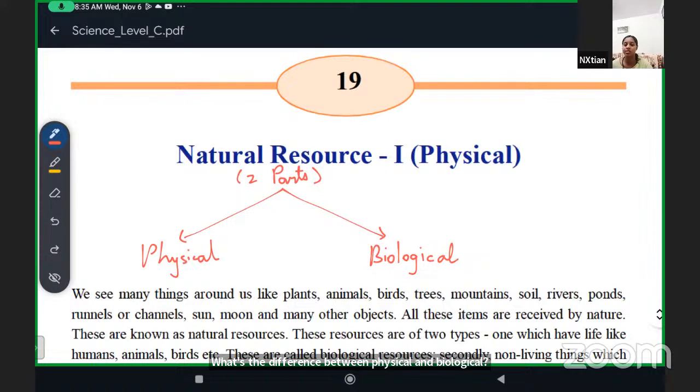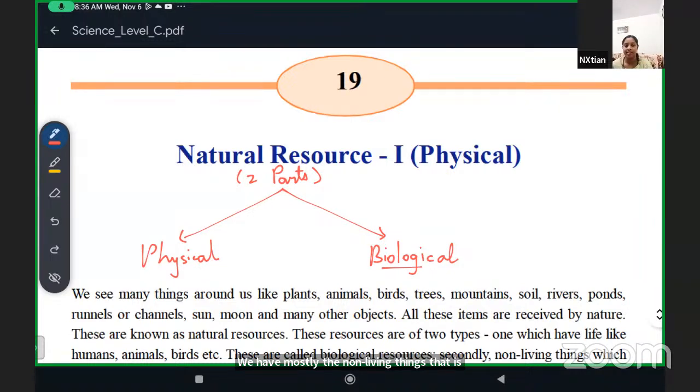Biological resources are the living resources, like humans, birds, trees, plants, animals, mammals, whereas physical resources are mostly non-living things, that is air, water, sand, soil, and all that.